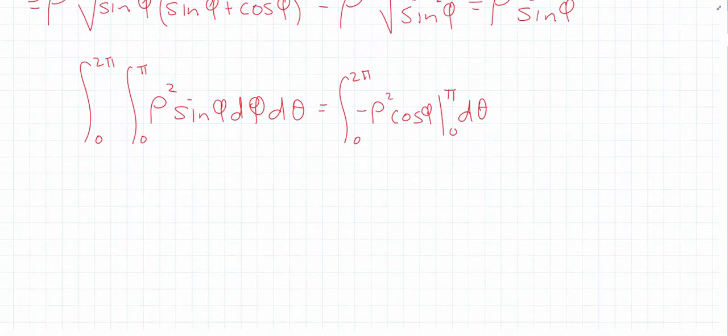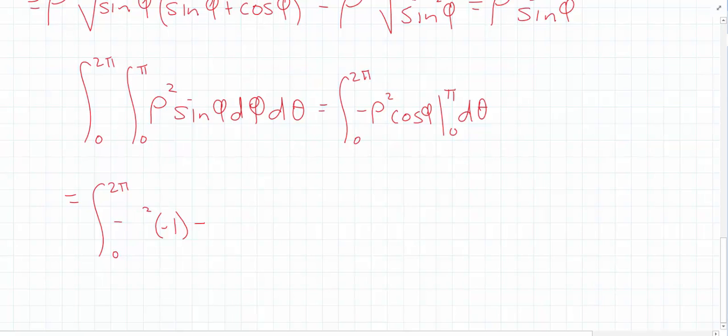Okay. Now we keep going with this, and I get 0 to 2 pi. If I plug in pi into cosine, I get negative 1 minus, and I tell you what, let me factor out the rho real quick here. I'll just put the rho squared out here.